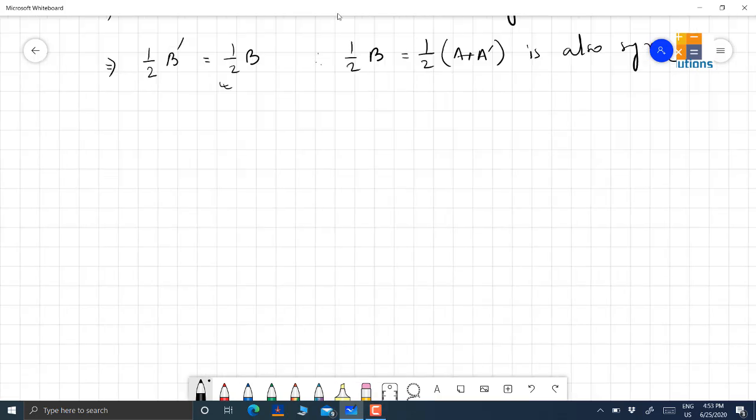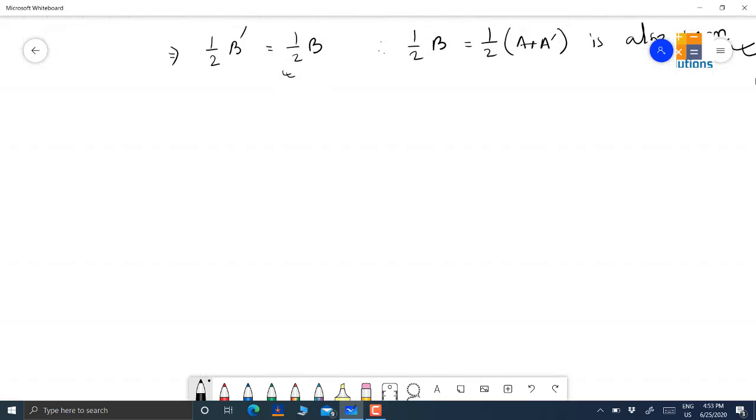So coming to this second part, let capital C be equal to A minus A dash. Now finding the transpose on both the sides, we already know that when a matrix is skew symmetric, we should get C dash equal to minus C. So here we try to get C dash is equal to A minus A dash whole dash.